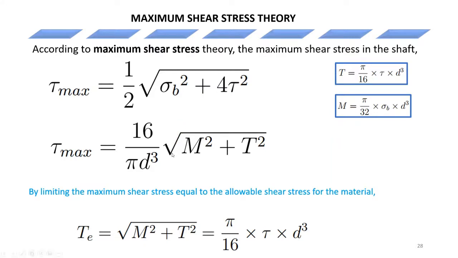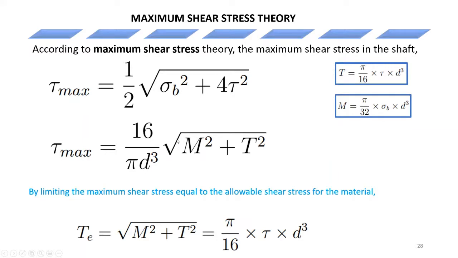All right, so the equivalent twisting moment TE is equal to the square root of M square plus T square. All right, and that should be equal to this expression here.